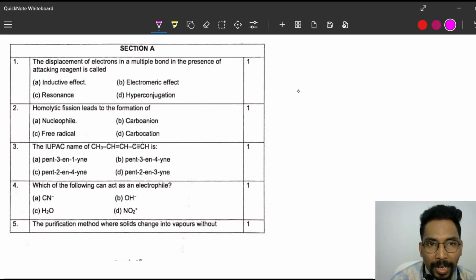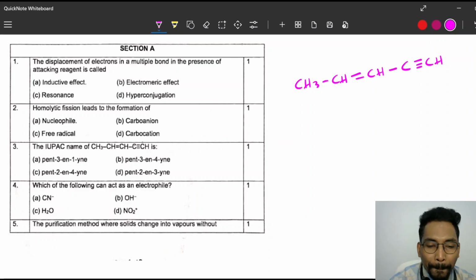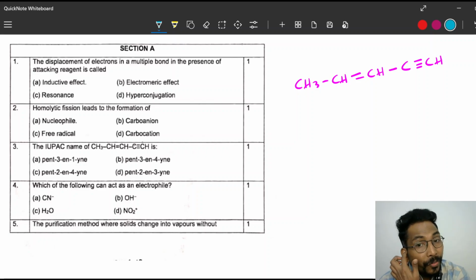I am drawing the structure again here. Listen. CH3, CH double bond CH, single bond C triple bond CH. Here you have two functional groups, one is a double bond and the other is a triple bond.